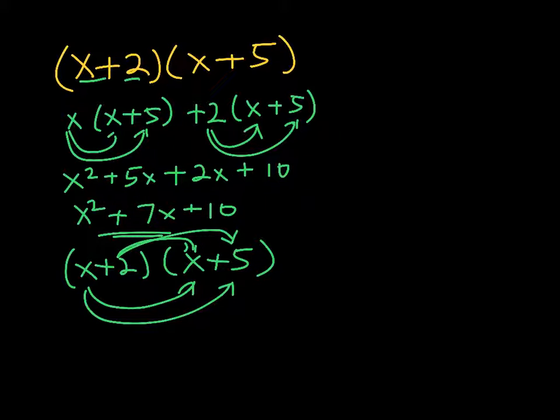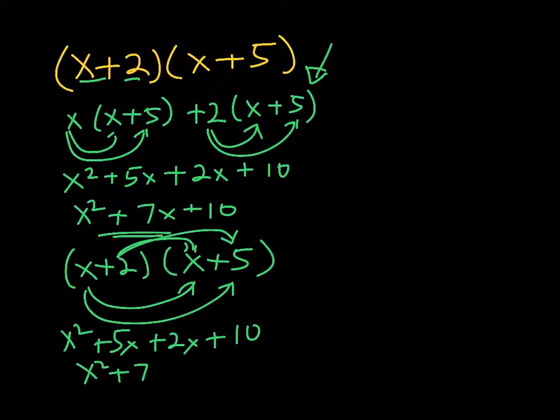So essentially we're doing the same, but so that you don't get confused, if method one is better for you, I think you should stick with that. If not, you can also use this method. So the same thing, x times x, x squared, x times 5 plus 5x, now 2 times x plus 2x, 2 times 5 plus 10. And then when you solve this, it becomes x squared plus 7x plus 10.